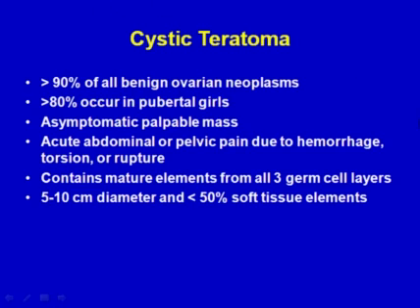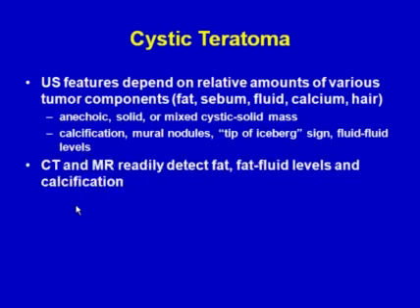These can present either as an asymptomatic mass or may be associated with acute abdominal or pelvic pain, which is generally due to hemorrhage, associated torsion of the ovary, or rupture of the tumor. These tumors contain elements from all three germ cell layers, and they are generally between 5 and 10 centimeters in diameter and contain less than 50% soft tissue elements.